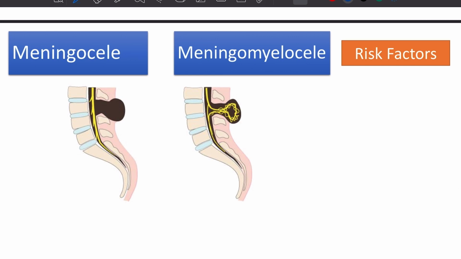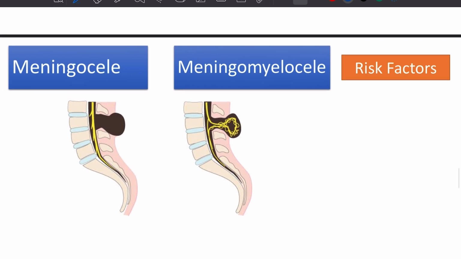Now let's discuss spina bifida aperta. These are examples of spina bifida aperta. We have meningocele, we have meningomyelocele.